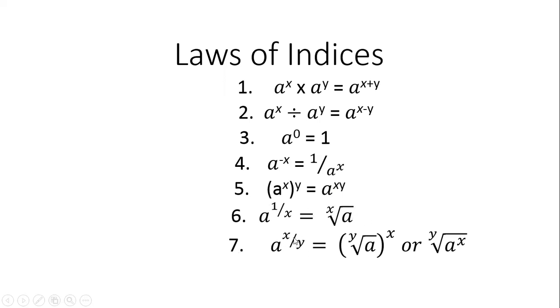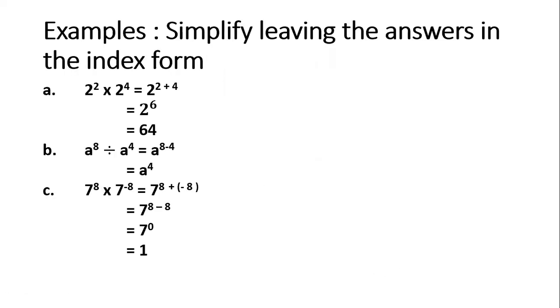Law 7: a raised power x over y gives the y-th root of a, bracket power x, or a raised to power x, root y. These are the 7 laws that guide our indices.